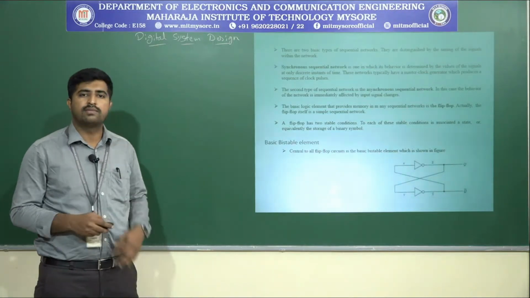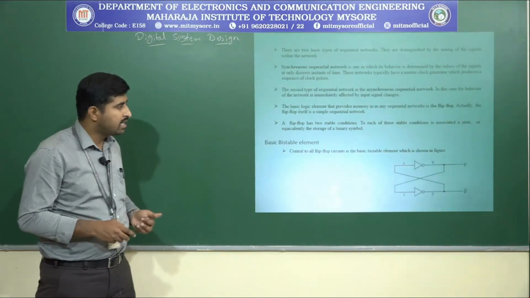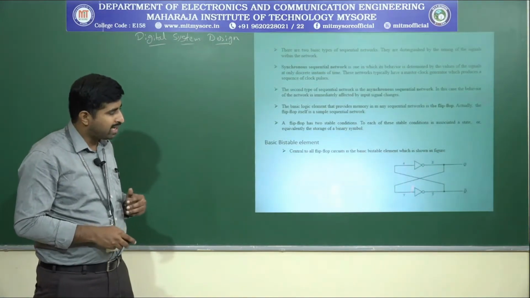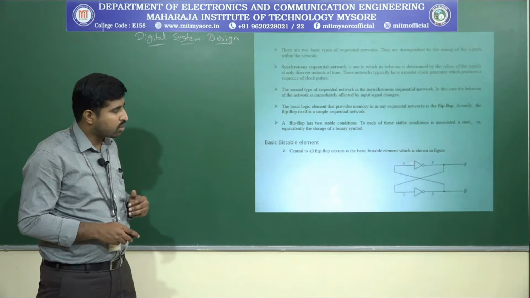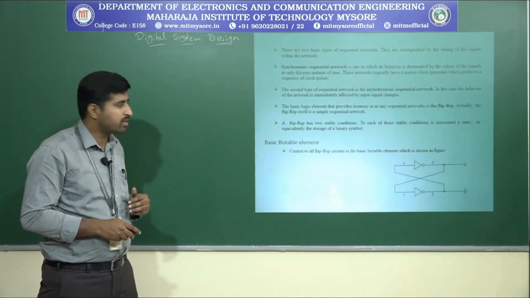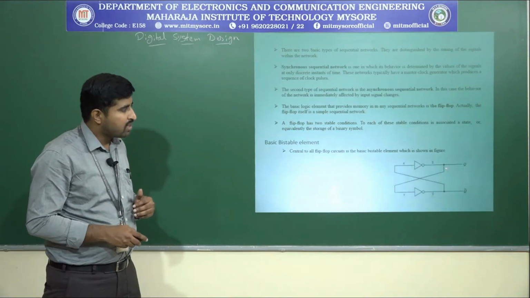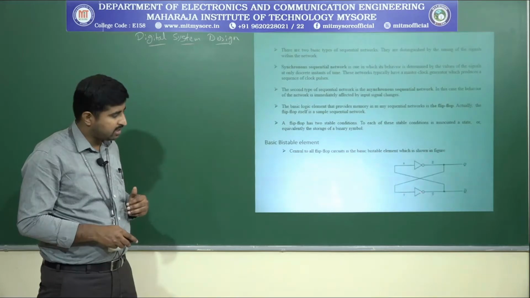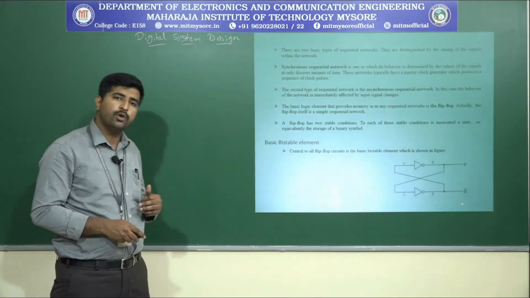So how is this basic bistable element built? This is the basic bistable element diagram. Here we have 2 NOT gates, NOT gate 1 and NOT gate 2. NOT gate 1 has input X and output Q. NOT gate 2 has input Y and output Q bar.